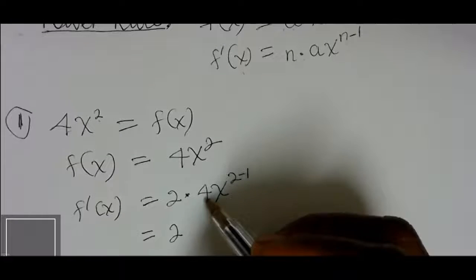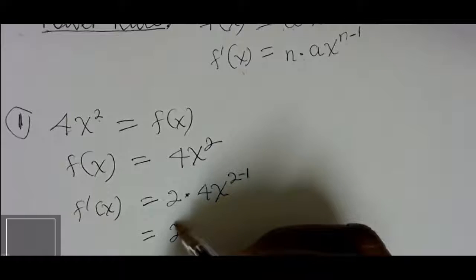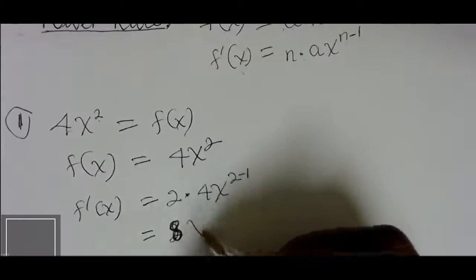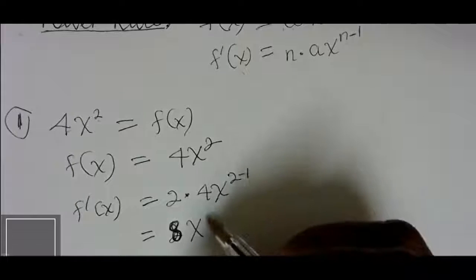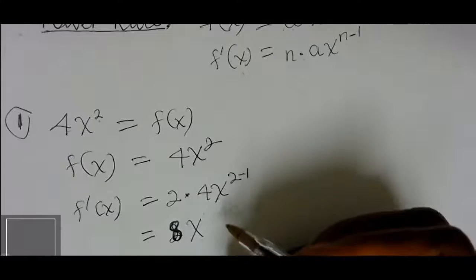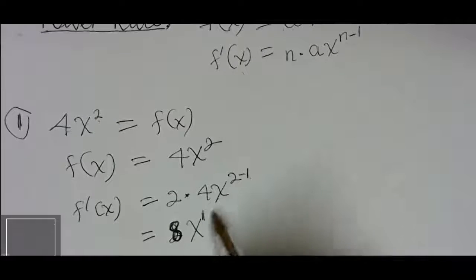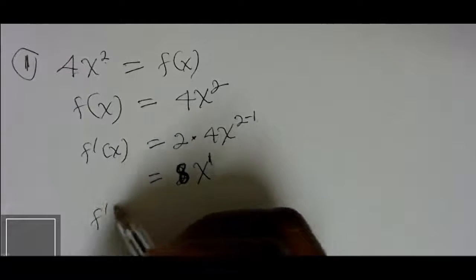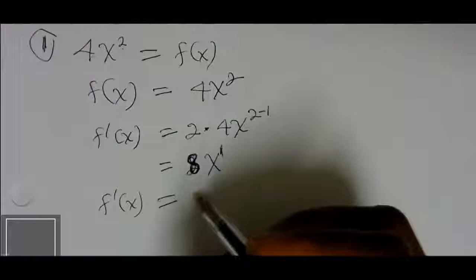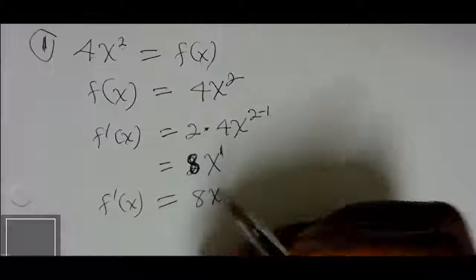This is 2 times 4, which is 8. So you can just write 8x, and then 2 minus 1 is 1, but we don't usually write 1 at the exponent. So f prime of x is just going to be 8x.